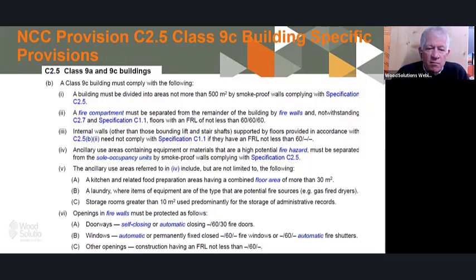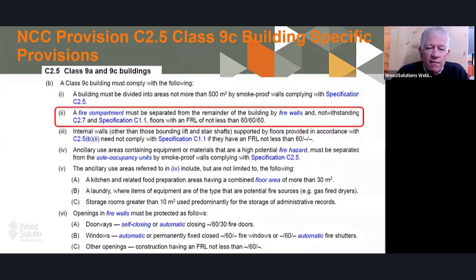So this is the relevant section, and you find here, a fire compartment must be separated from the remainder of the building by firewalls, and notwithstanding C2.7, which is on firewalls, and specification C1.1, which is your standard fire resistance solution, floors must have an FRL not less than 60/60/60.